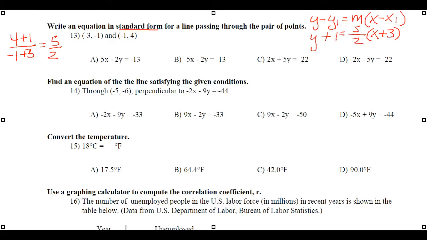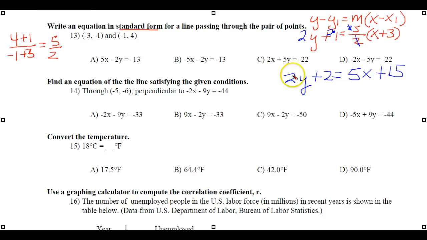Now to get rid of our fractions, we're going to multiply everything by the lowest common denominator, 2. Now here the 2's just cancel out. So we now have 2y plus 2 equals 5x plus 15.